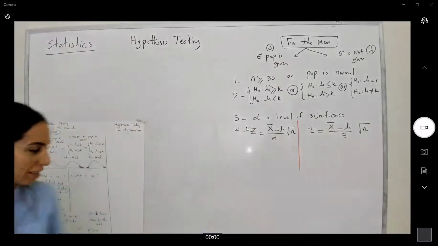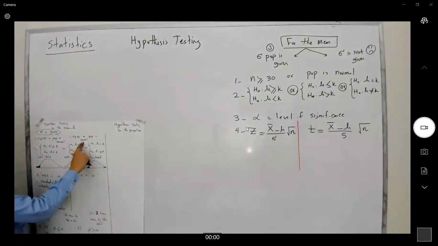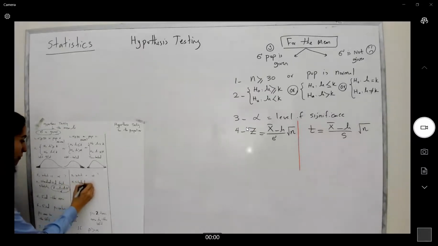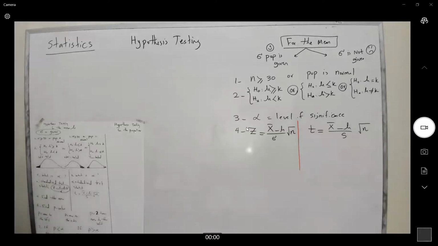So we are completing the table. If sigma is not given, we have to use the standardized test statistic, which is T equals x bar minus mean divided by S times square root of n.